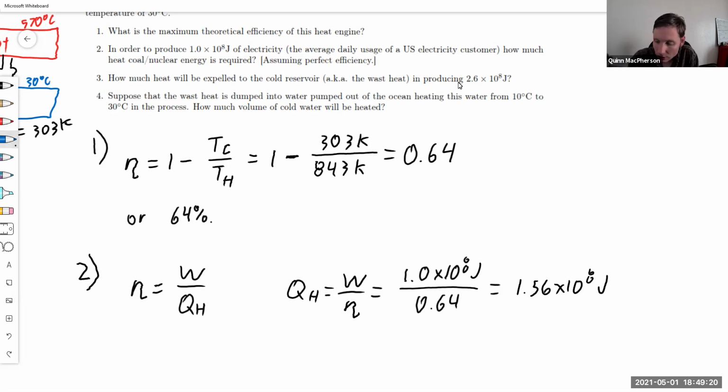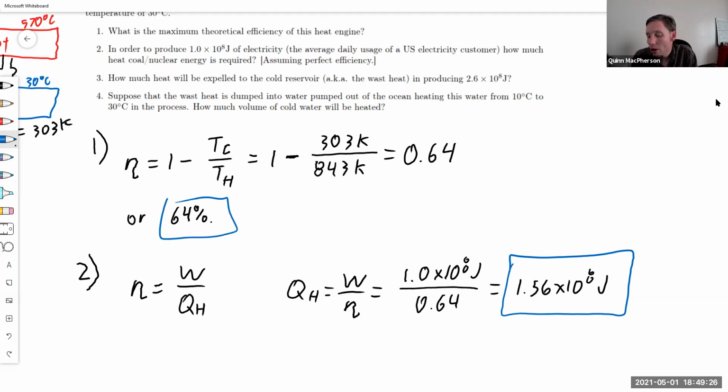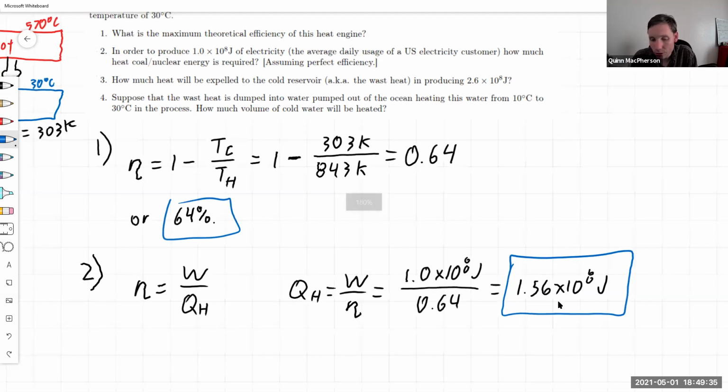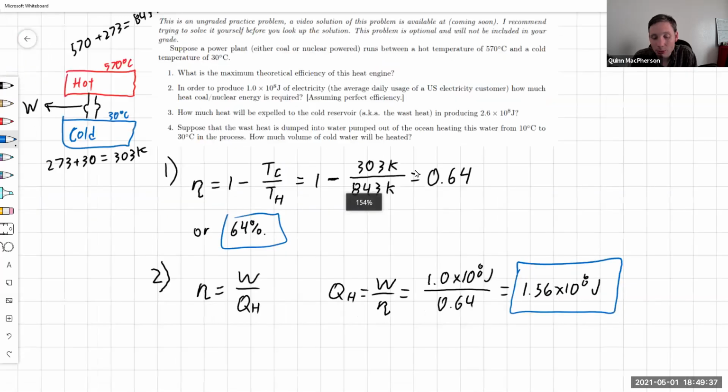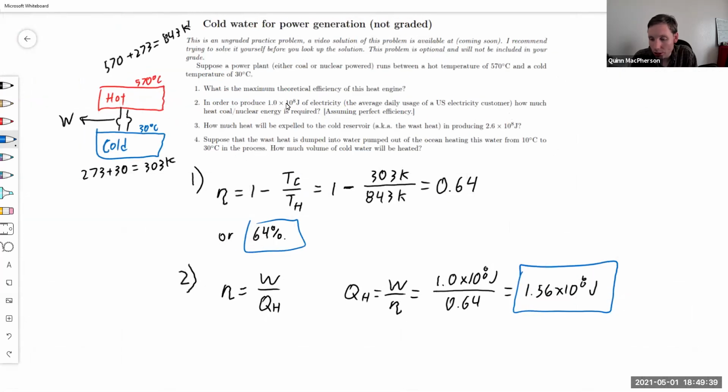That tells us how much heat from coal or nuclear or natural gas needs to be put in to get one day's electricity for one person.